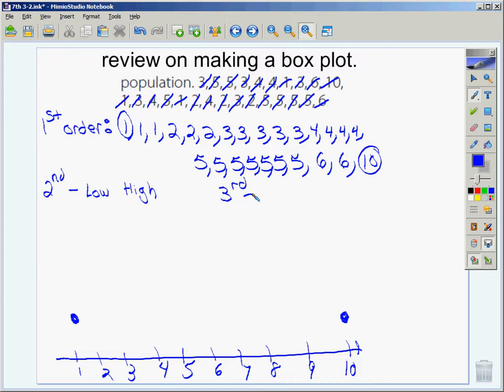The third thing that I have to find is the median of my data. How do we find a median? We work our way from the outside to the inside. We find that middle number.